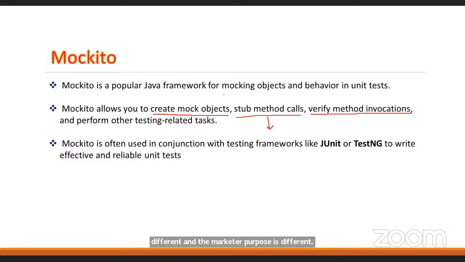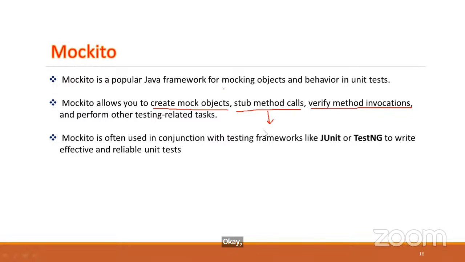JUnit is used for writing test cases with the help of assertions and annotations, and Mockito is for mocking of objects. Simple. Both are different. Mockito is often used in conjunction with testing frameworks like JUnit or TestNG to write effective and reliable unit tests.